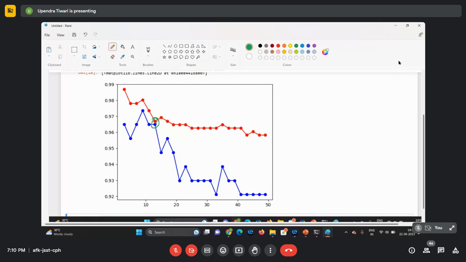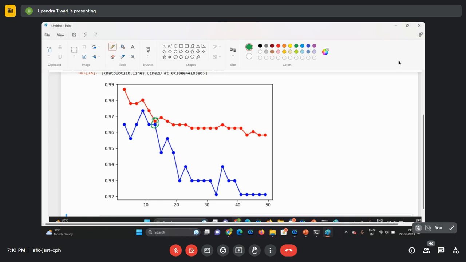Guys, do you agree? And you see that both of them are more than 96.5%. So according to me, this is the best value of k where you'll get the right fitted model.